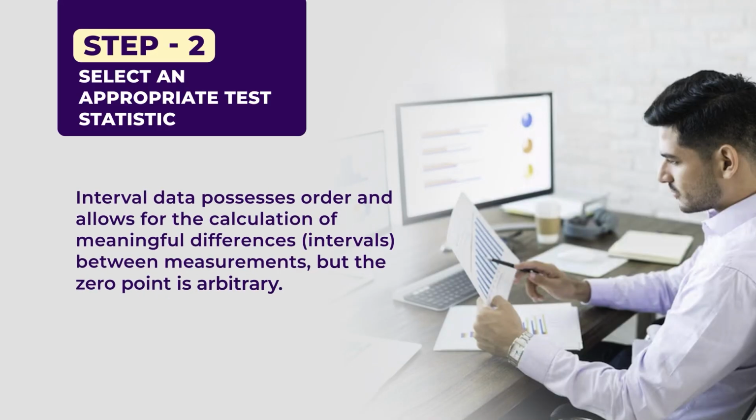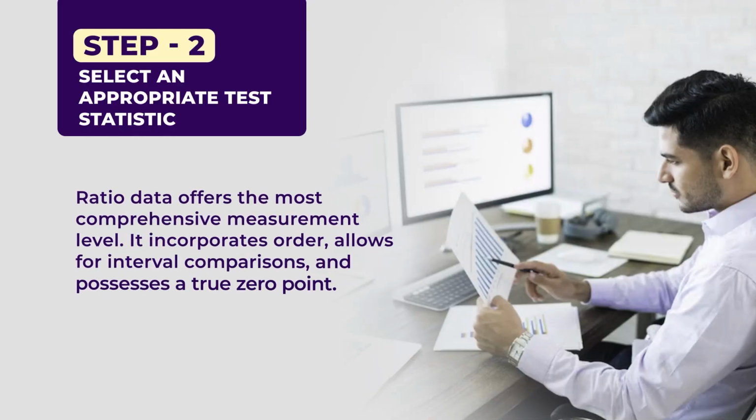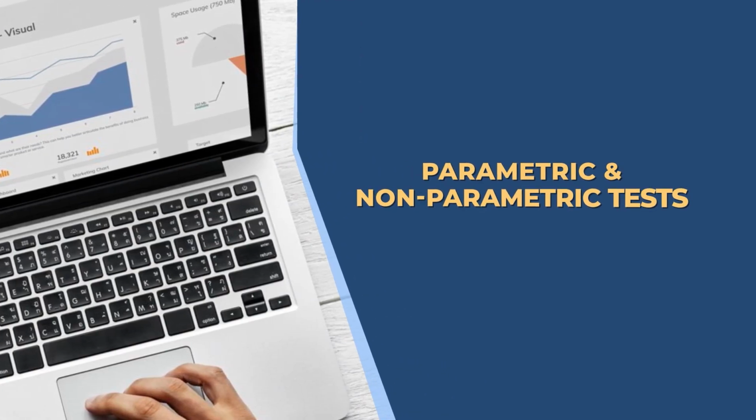An example can be ranking your favorite sports team. Interval data possesses order and allows for the calculation of meaningful differences in intervals between measurements, but the 0 point is arbitrary. You can take the example of measuring temperature in Celsius or Fahrenheit. Ratio data offers the most comprehensive measurement level. It incorporates order, allows for interval comparison and possesses a true 0 point. The example can be measurement of weight or height.